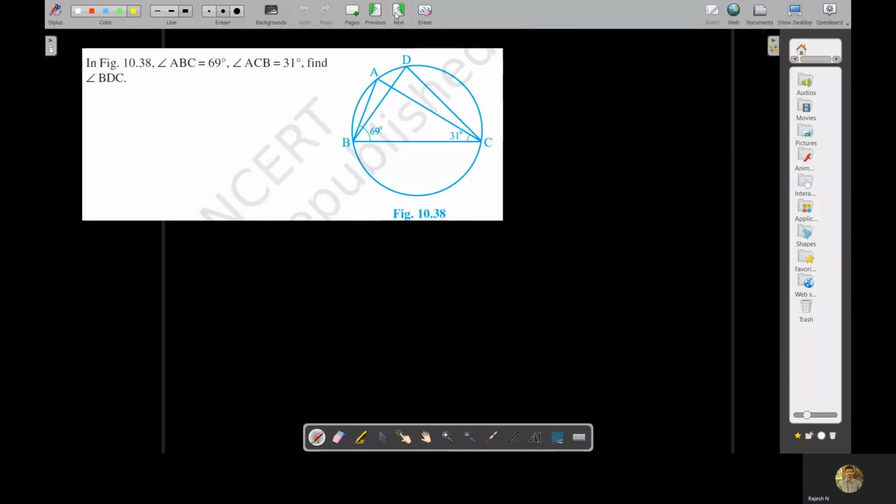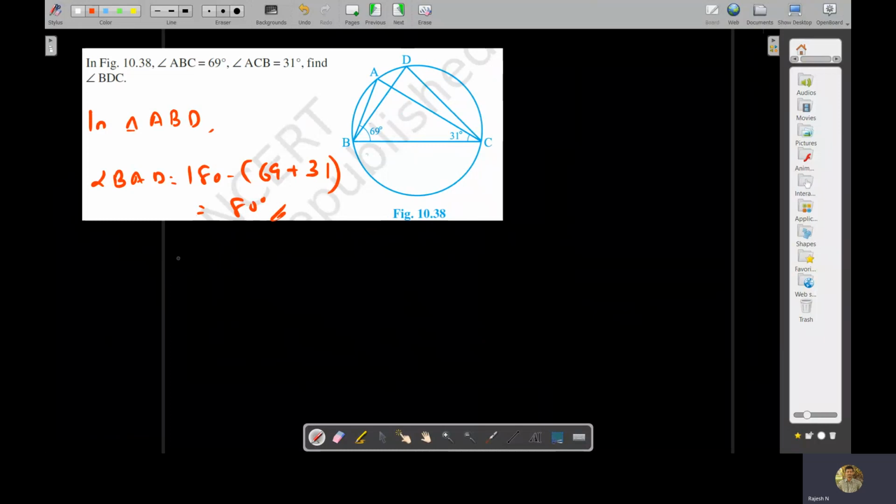Now, angle ABC is equal to 69 degree. Angle ACB is 31 degree. You have to find out angle BDC. So, in triangle ABC, what is angle BAC? 180 minus 69 plus 31. 69 plus 31 is 100.